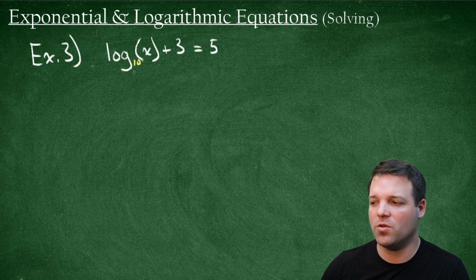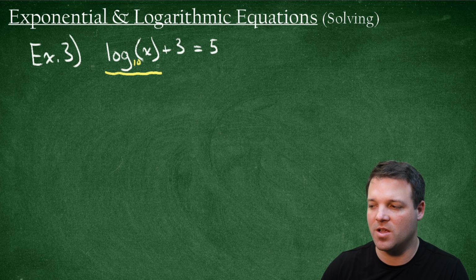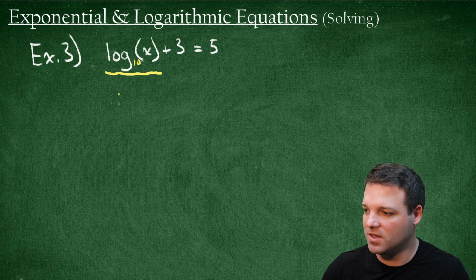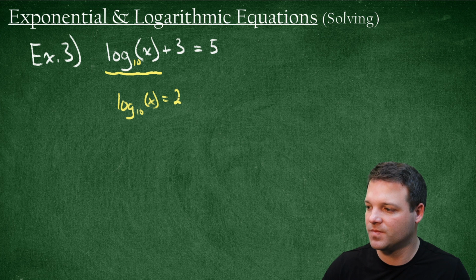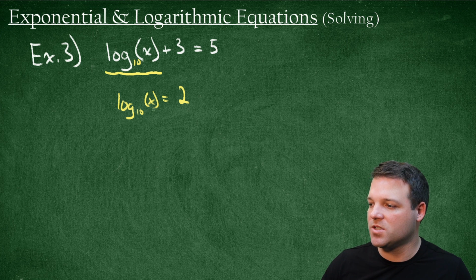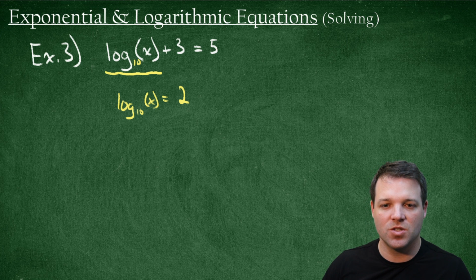All right, so of course, our complicated thing here is this log base 10 of x. So I want to isolate it. So I'm going to subtract 3 from both sides. So I get log base 10 of x is equal to 2. And maybe I'll make a little bit more room over here. All right, so now what I need to do is get rid of this now that it has been isolated.